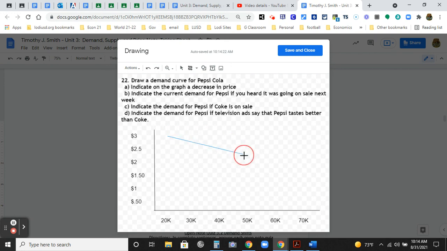Let's see. Good enough. So if there's a decrease in price, now we got to label it.